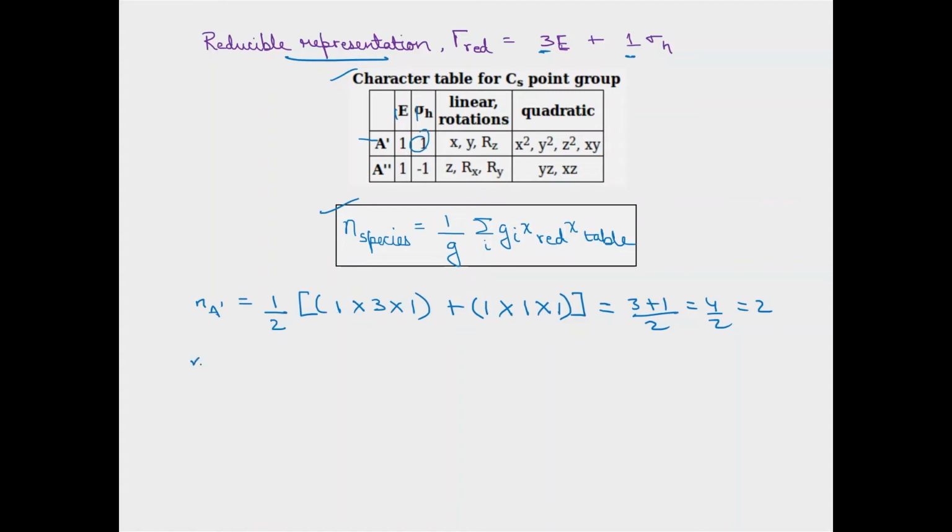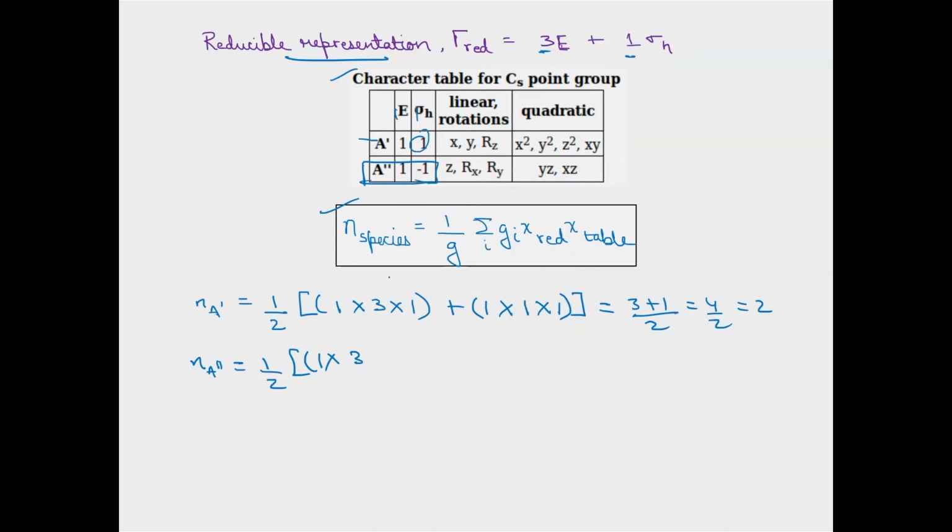Then coming to the next species, N A double dash is equal to 1 by 2 again, since G is the order of the group. Then we will look into this one now. For A double dash, again GI, that is 1, into chi reducible for E, it is 3.